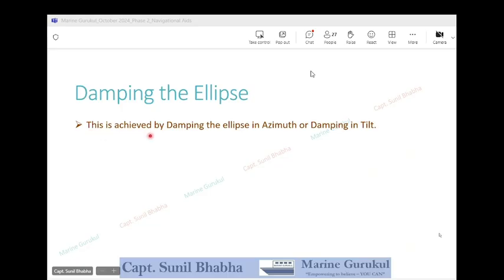This is achieved by damping the ellipse. This damping is possible in two different ways. The ellipse can be dampened in azimuth or it can be dampened in tilt.